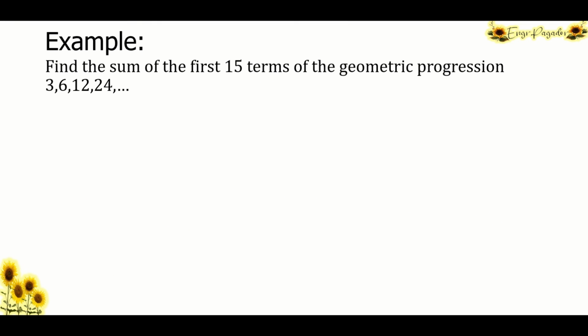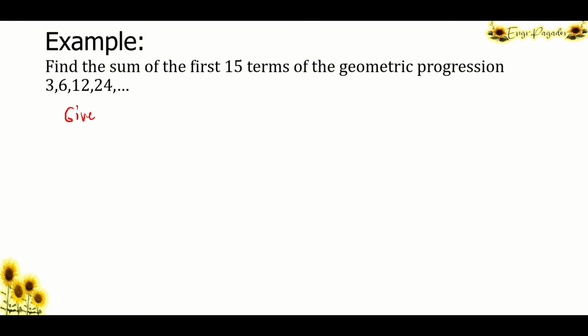So let's have another example. Find the sum of the first 15 terms of the geometric progression 3, 6, 12, 24. So same geometric progression, but hinahanap ngayon is the sum of the first 15 terms of the geometric progression. So, ano ngayon yung formula na gagamitin natin?